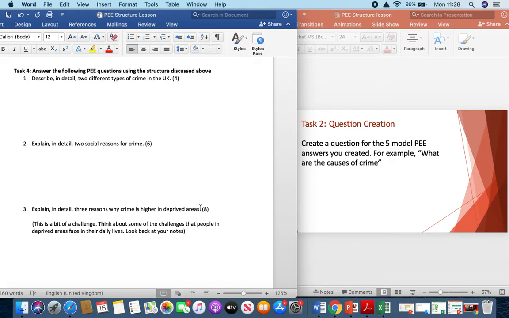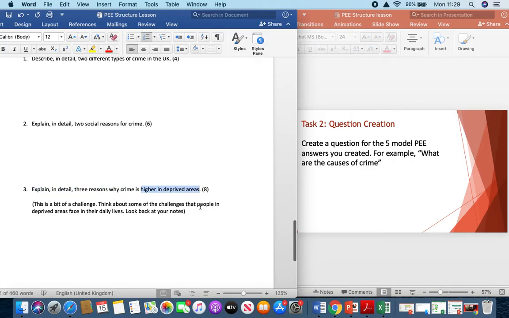I want you to take a moment and think about problems that match up with causes of crime that specifically impact people who live in more deprived areas. What are some problems that they face that are different from problems that people who don't live in deprived areas face? Deprived meaning not a lot of income and things like that.